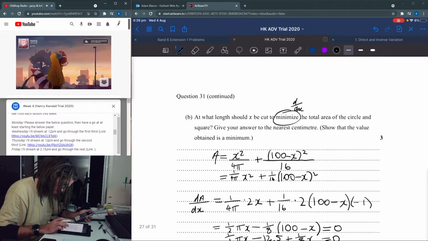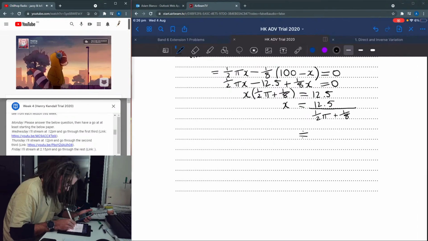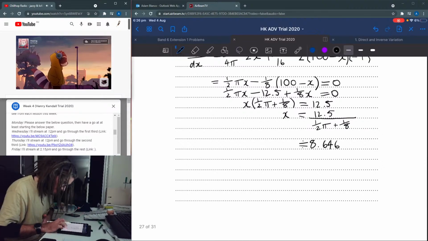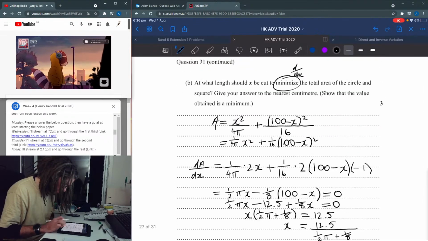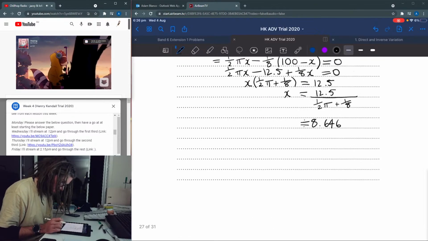Is it going to ask me for it exact? Nearest centimeter, oh thank God. Okay. 8.646. 3 decimal places. That's what x equals. What am I trying to find? What length should x be? Oh. Am I done?